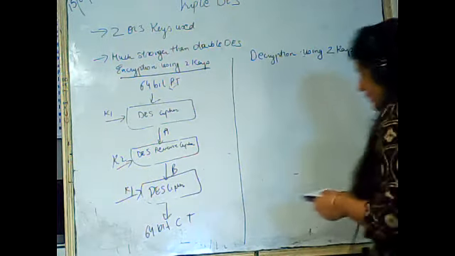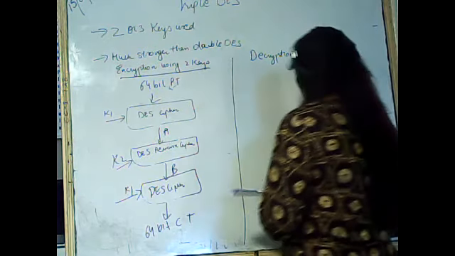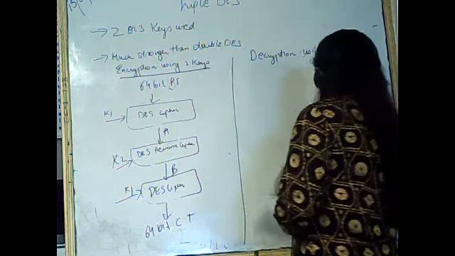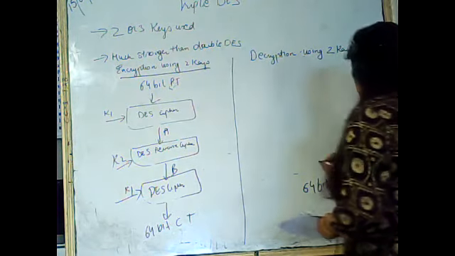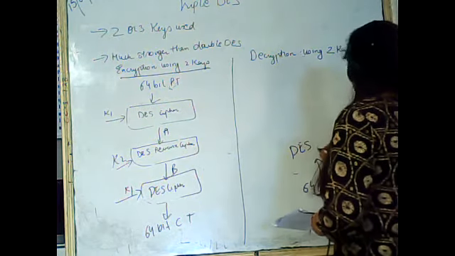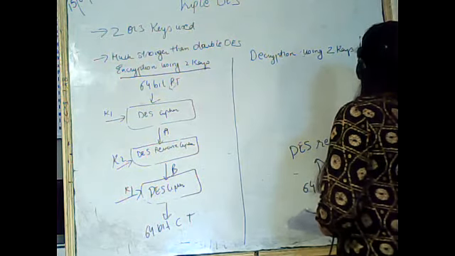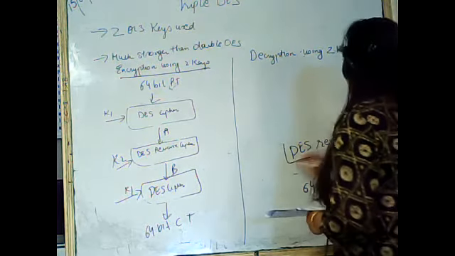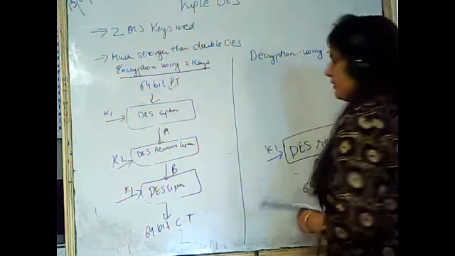Now in the decryption part, you can see over here how this decryption part will work. We will be having that 64-bit ciphertext. We will apply here DES reverse cipher by using the key 1.